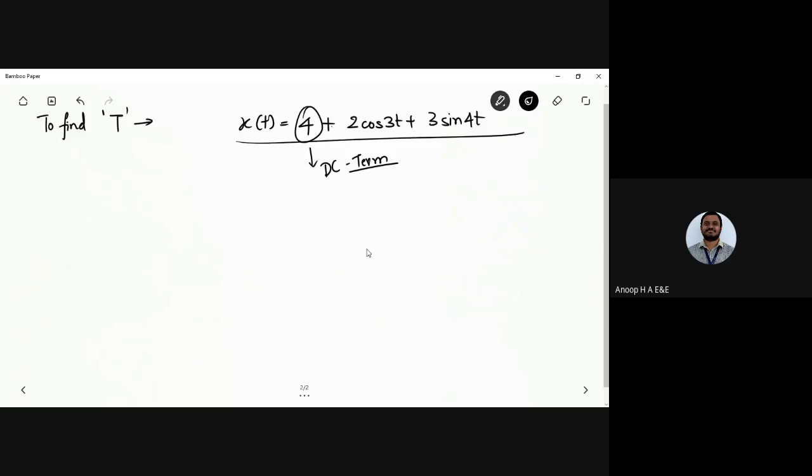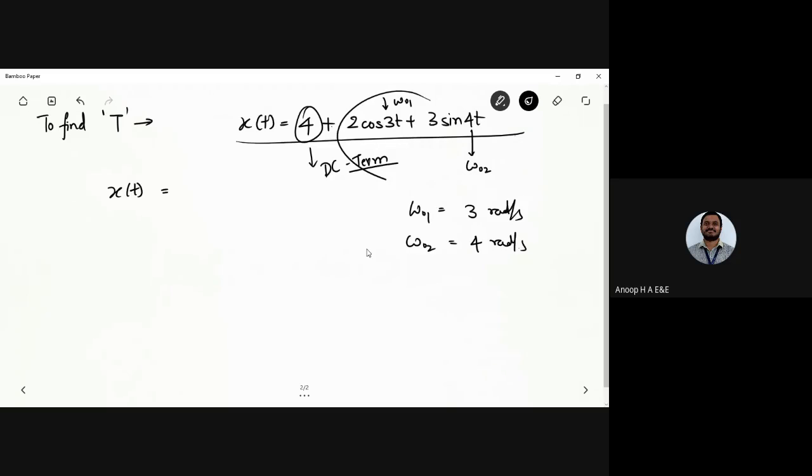Okay. So now what we are going to do here is, we are not going to take the DC term's frequency in x of t. You have the first one, which is omega naught 1, and the second one, omega naught 2. So omega naught 1 is equal to 3 radians per second. Next, omega naught 2 is equal to 4 radians per second.